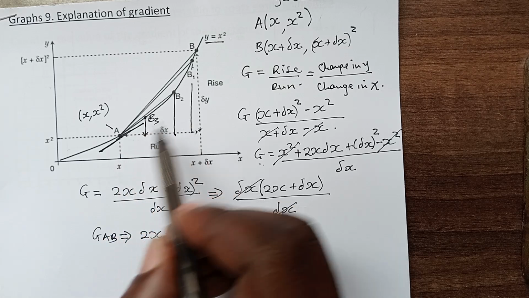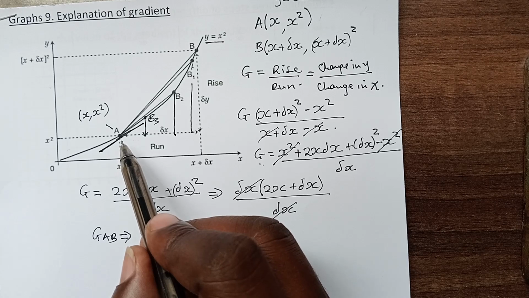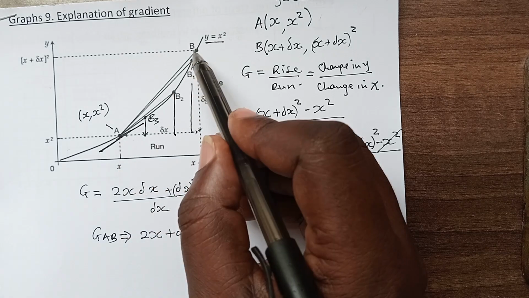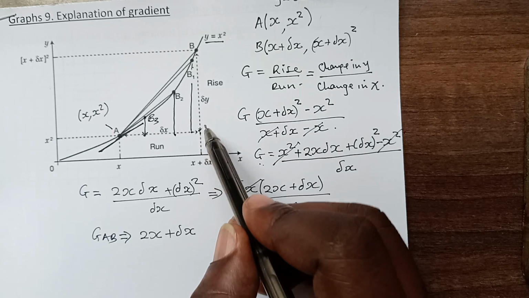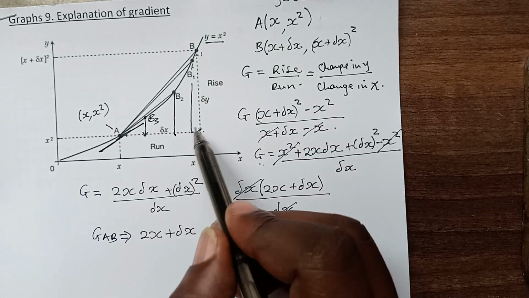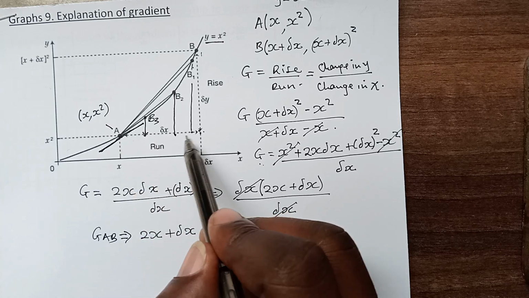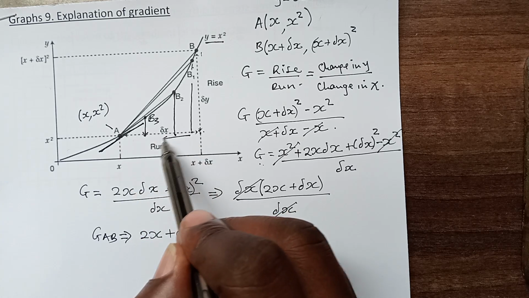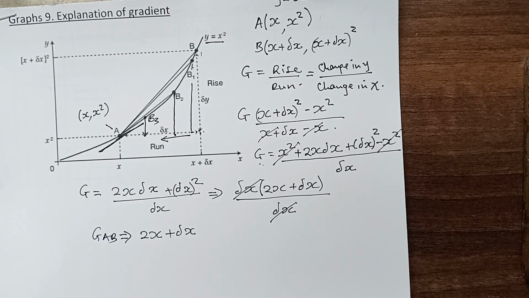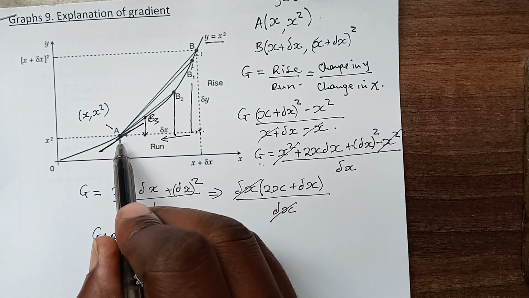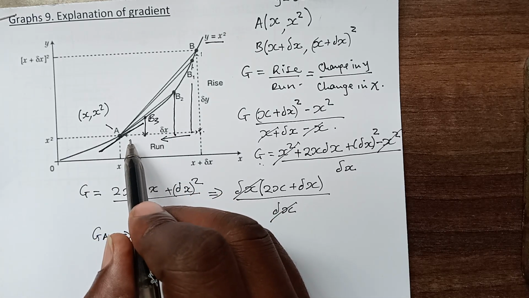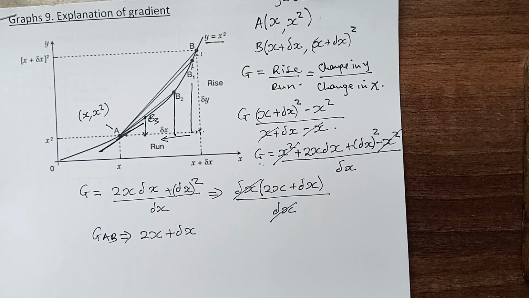So as we can see, we had a big right angle triangle, A, B, all the way to here, and that is how we started rise over run. But as B approaches A, the delta x continues to decrease. And once B is on A, the delta x is actually 0.